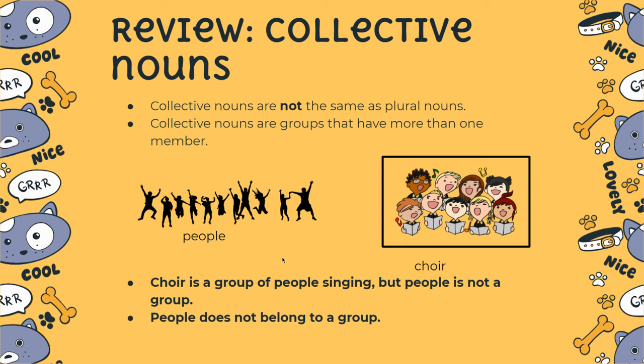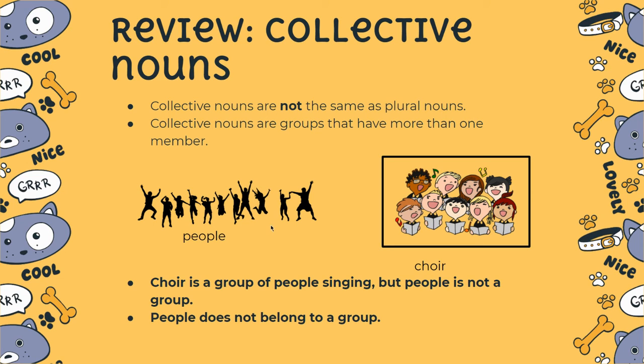So remember, a collective noun is a group of people, a group of animals, or a group of things, and they're doing something together. In this case, the choir is a group of people that are singing. You see, all the kids, they are singing. But the people here, if you look at this picture, the people, this is plural. People is a plural noun, and they don't belong to a group.